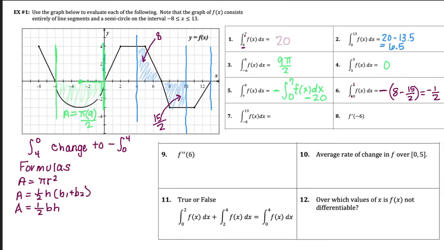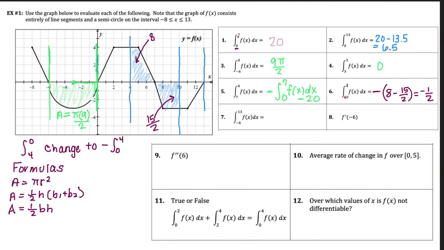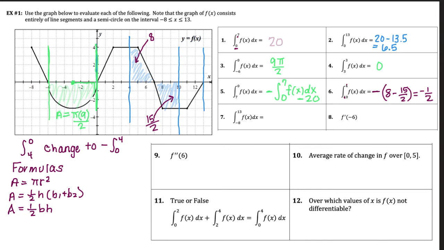All right, so here on number 7, you're going from negative 8 to 13, so you're looking at the whole thing. So we knew this was negative 9 pi over 2. We knew this whole thing here was 20, and we knew this whole thing down here at the bottom was 13.5.